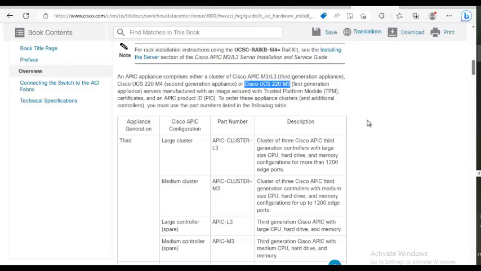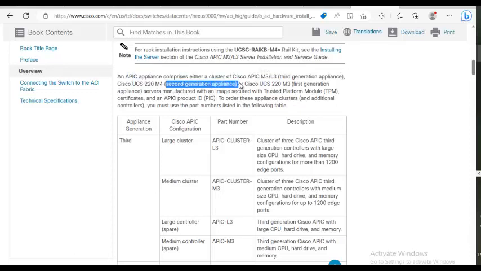So we should not get confused with this M and that M. That M talks about the generation of APIC. This M talks about the generation of UCS server in which the first generation runs. M1 runs on this. M1 runs on UCS 220 M3. M2 runs on UCS 220 M4.